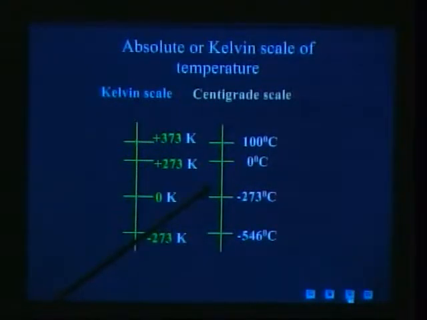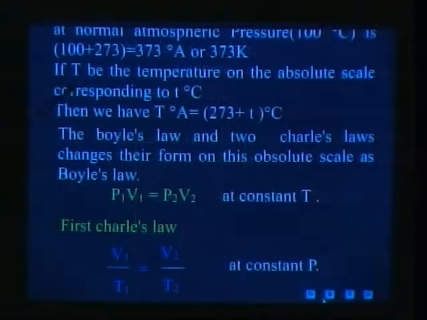Here the length of the degree on both scales is the same. If capital T be the temperature on the absolute scale corresponding to small t degree centigrade, the relation between capital T and small t is given by this.